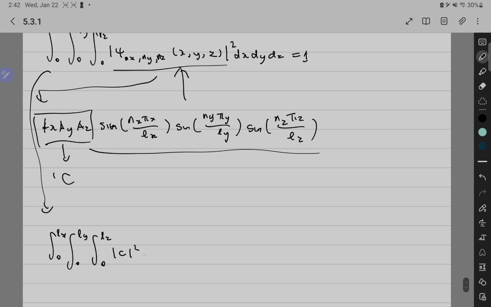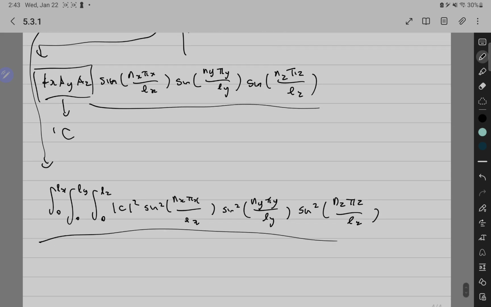Since we have the square, C squared times sine squared nx pi x over lx, sine squared ny pi y over ly, sine squared nz pi z over lz. Oh, I forgot the dx, dy, dz, is equal to 1. So this is what we have here.